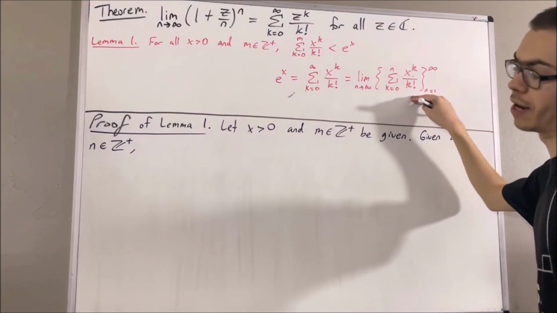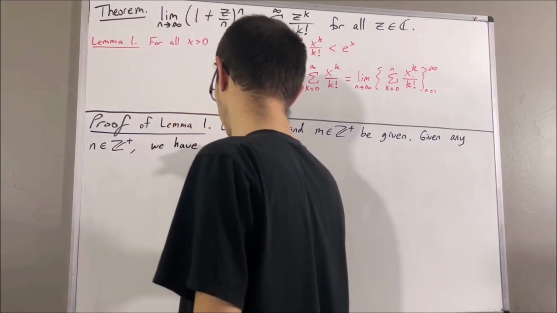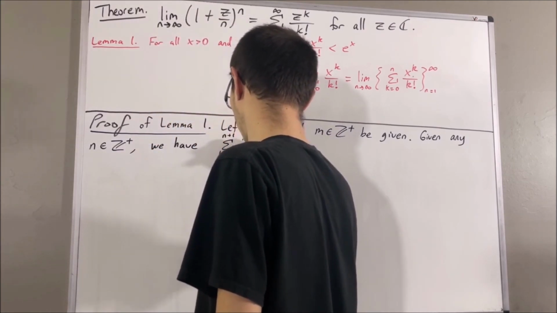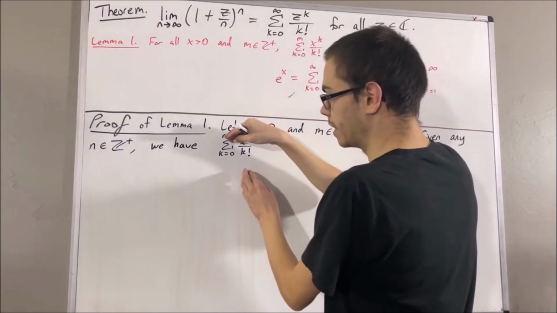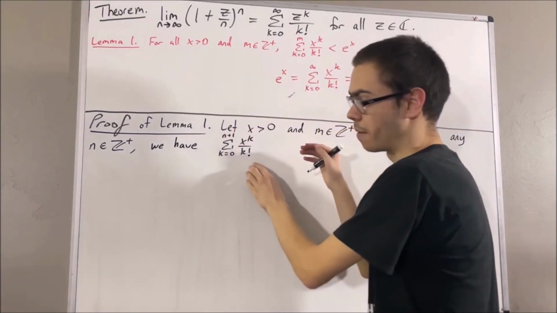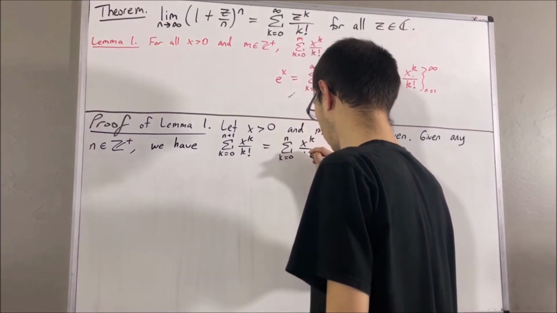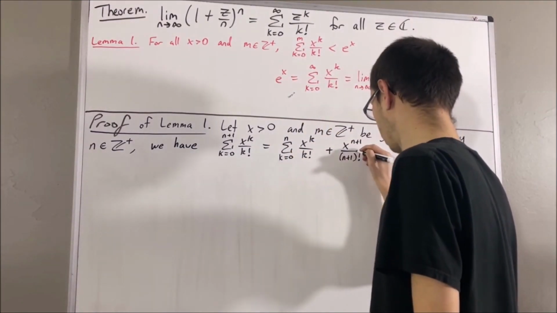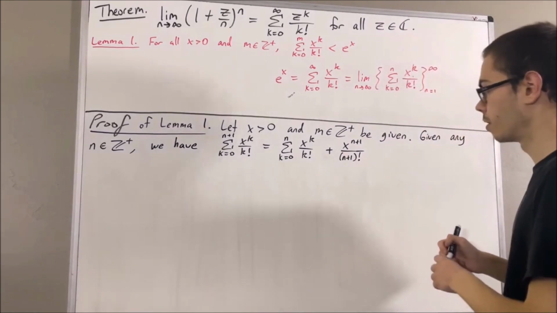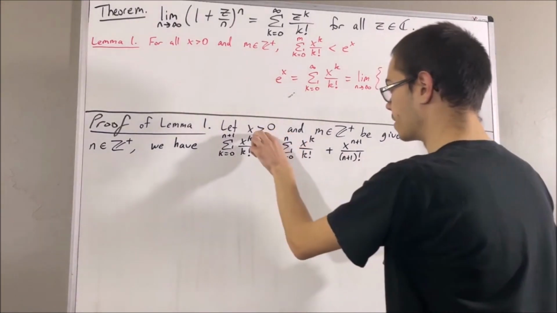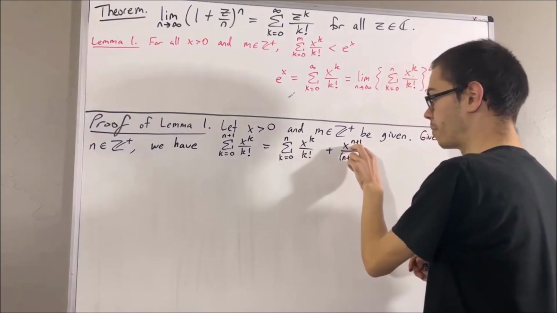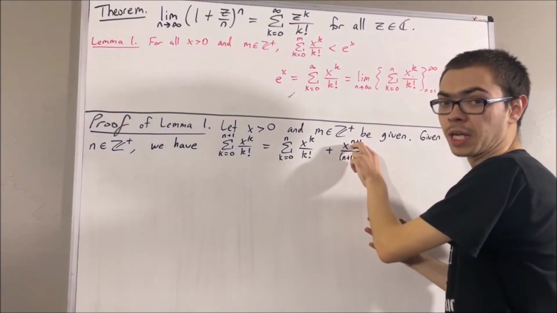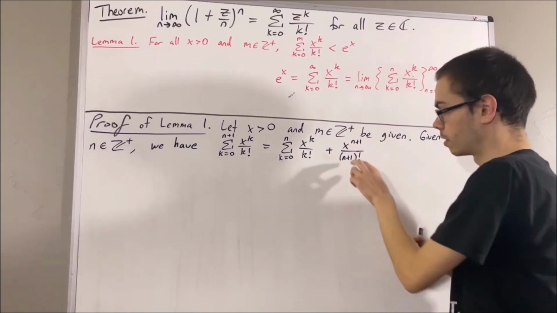Well, let's write out the (n+1)th term. And now, let's pull away the (n+1)th term of this sum. So we get this. But remember, since x is greater than 0, we know x multiplied by itself n+1 times will also be greater than 0.